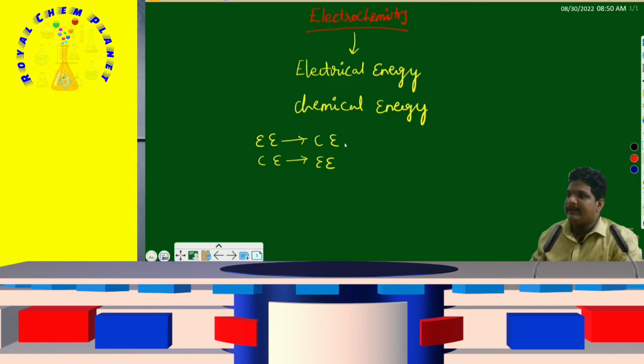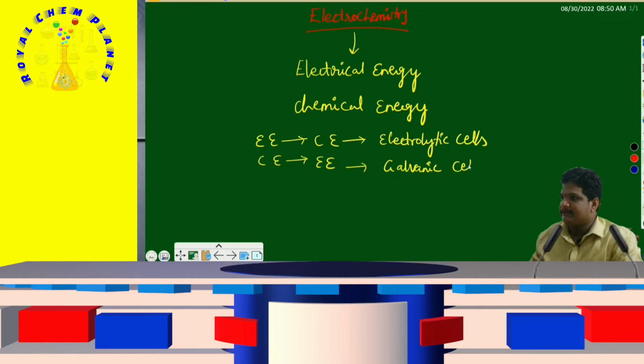electrical energy. Conversion of electrical energy into chemical energy we study as electrolytic cells, and chemical energy to electrical energy we study as galvanic cells. In electrolytic cells, due to the passage of electricity, a chemical reaction takes place.